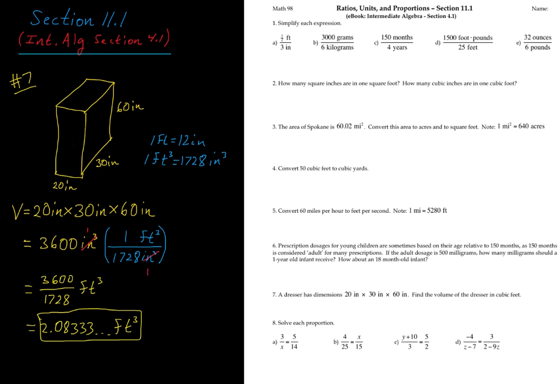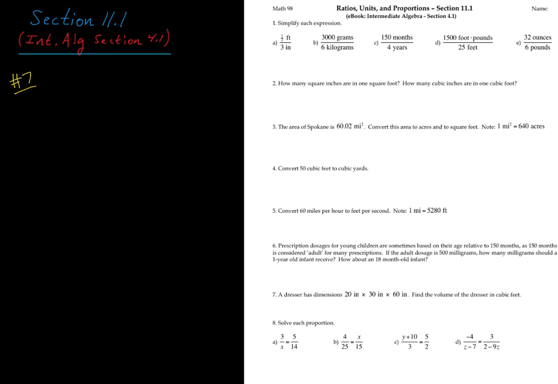Okay, but I do want to bring up one comment here, one slight difference here that I think can make things maybe slightly easier. Another way is just to say, look, here's our volume. It's 20 inches times 30 inches times 60 inches. Okay, so instead of converting cubic inches to cubic feet like we did in the last solution, what we could do instead is just say, okay, look, 20 inches is how many feet?